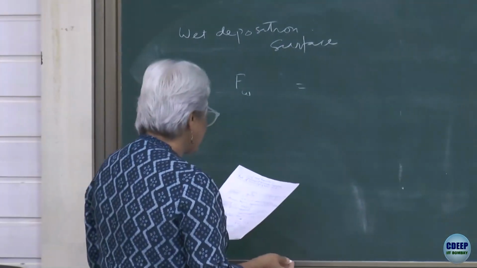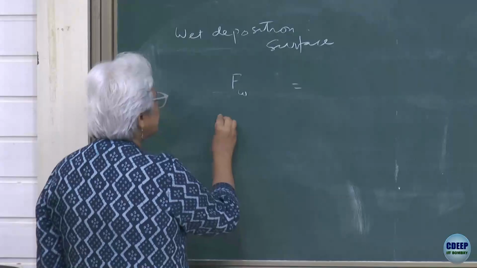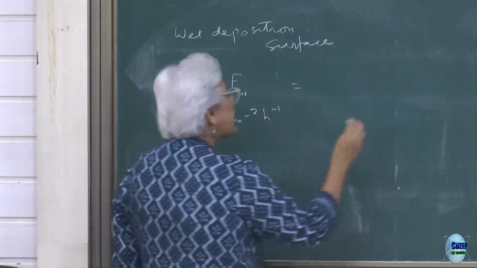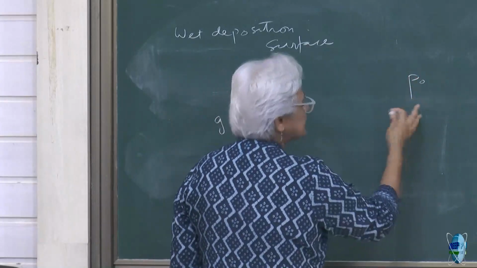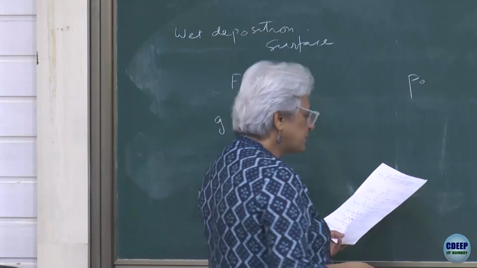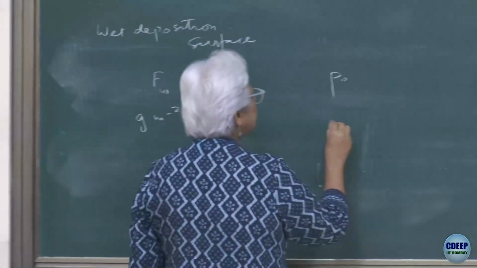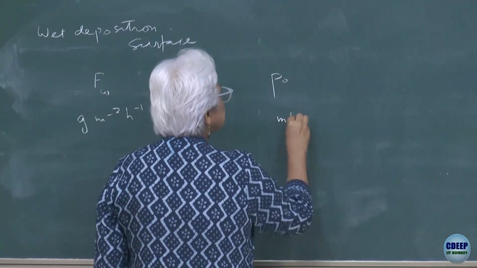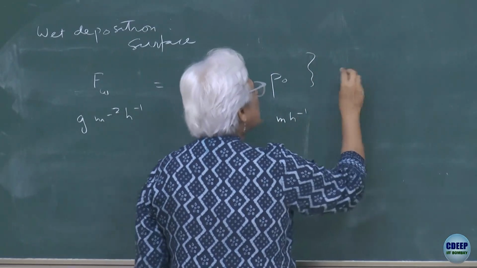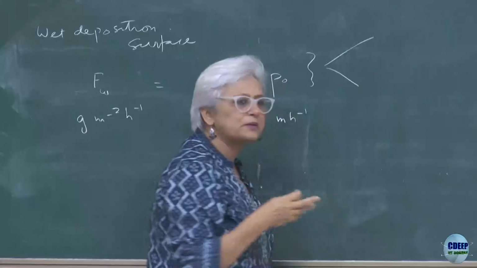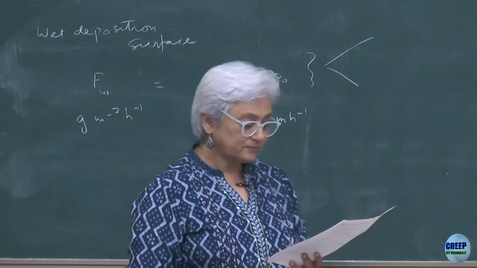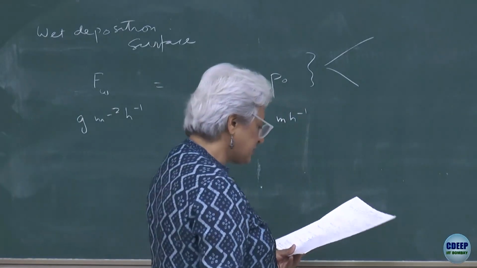Once again, this flux will have grams per meter square, etc. And I also want to write it in terms of a rain rate, right? We are used to hearing millimeter per hour. I'm just going to put it as meter per hour, but I'm going to point out what kinds of millimeter per hour rain rates we are used to hearing about.